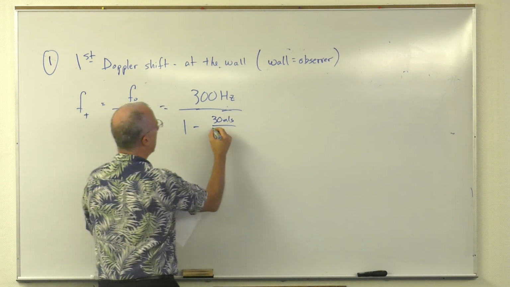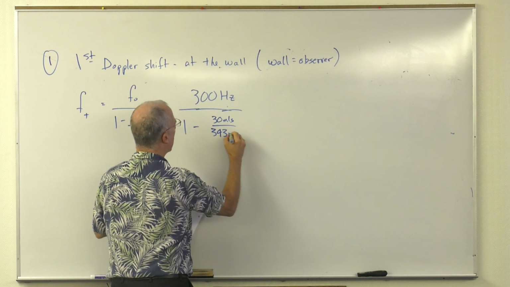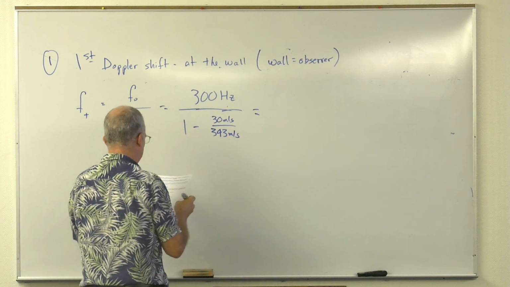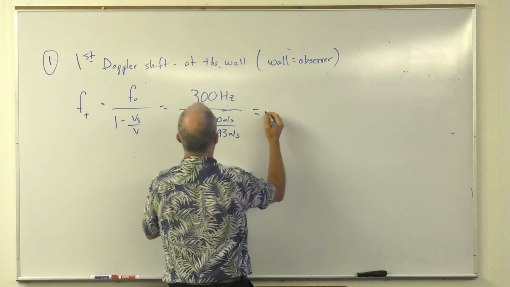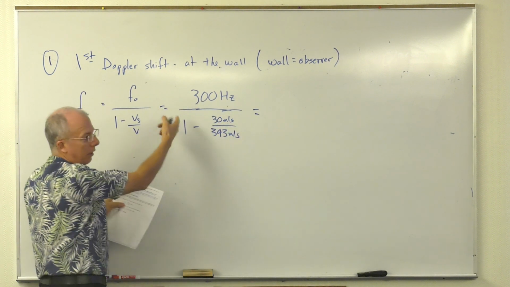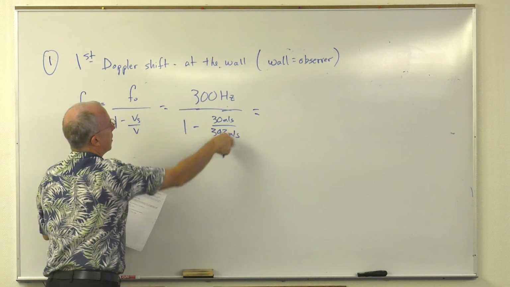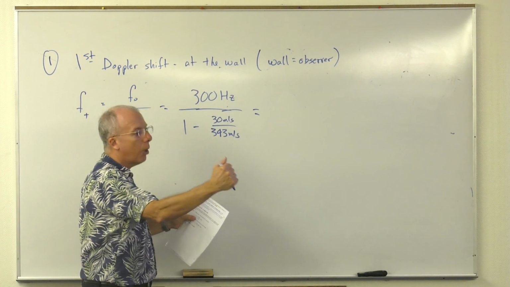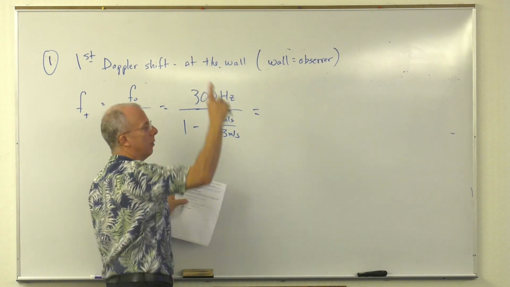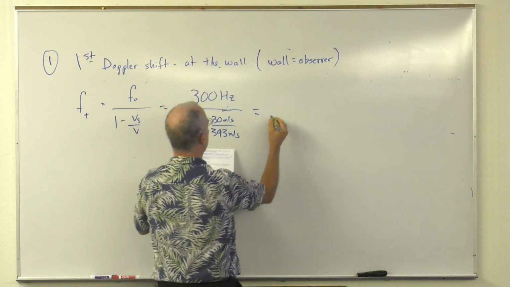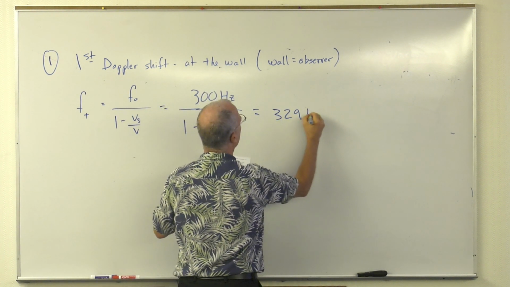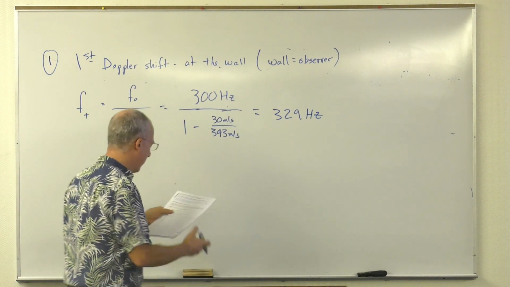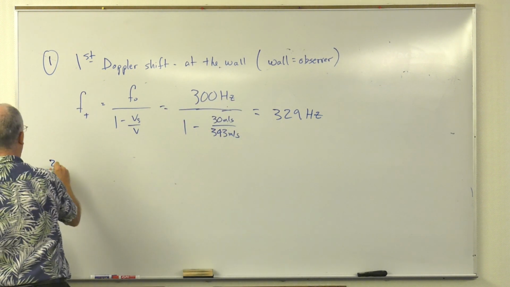Speed of sound is 343 meters per second. You work that out, and it's going to be larger than 300, right? Because this is less than 1. And we expect it. The car is approaching the observer, so the frequency goes up. So that's going to be 329 hertz. Great.